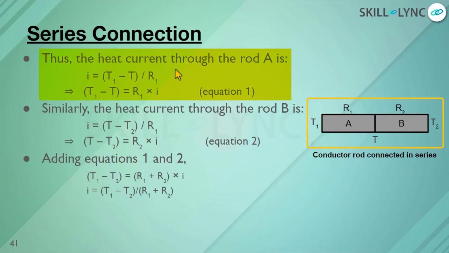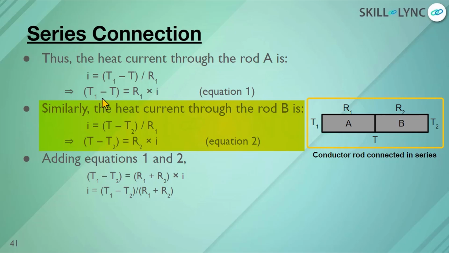Thereby, heat current through the rod A is I equal to T1 minus T upon R1. T1 is the temperature at this open end of the rod, T is the temperature at the junction end of the rod, and R1 is the thermal resistance of the rod A.